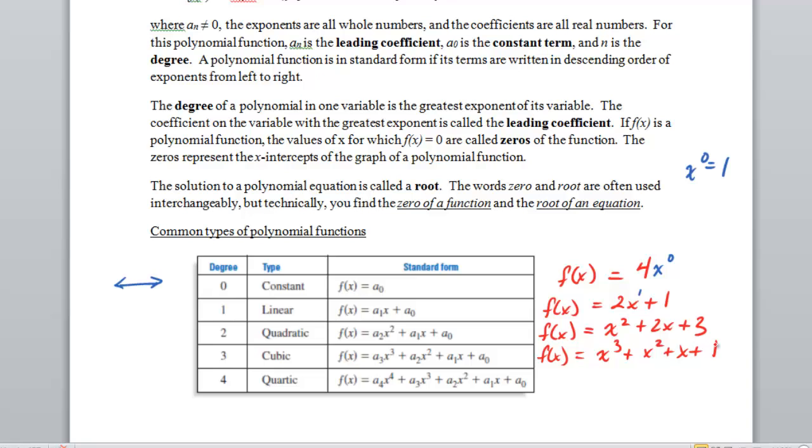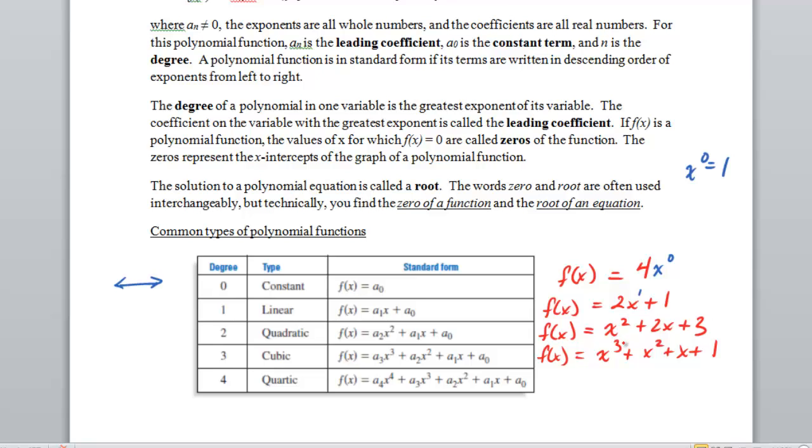And of course you can see that our highest exponent, or our degree, is just building up higher and higher and higher. And so we tend to call lower level polynomials various names. As we get higher into the degree, we tend to just call them by their degree. And so we might call a quartic a 4th degree polynomial.